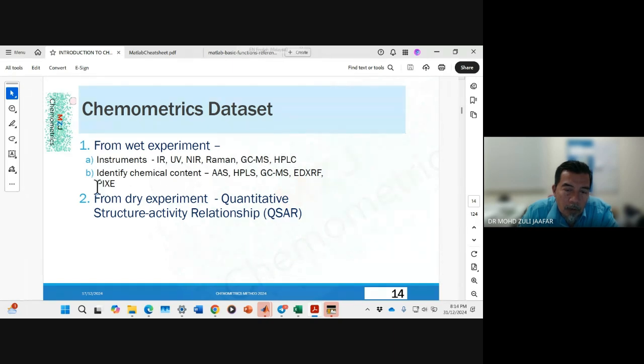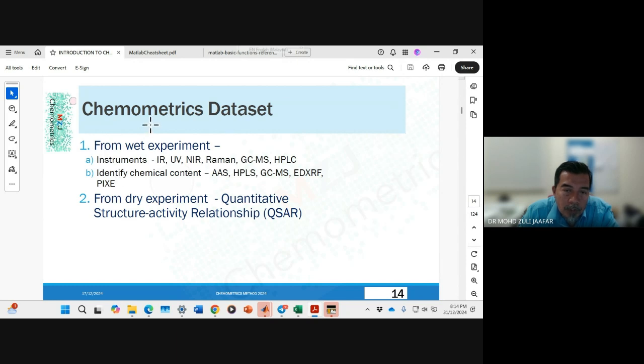You have other instruments to identify chemical content, for example AAS, HPLC, GCMS as well, ED, XRF, and PIXE. This is just an example here. Maybe you have your own instrument for generating wet experiment datasets.